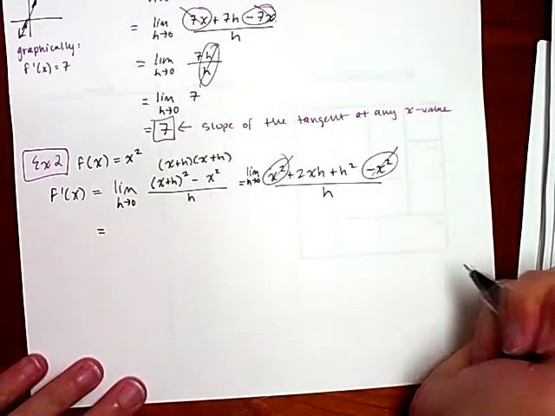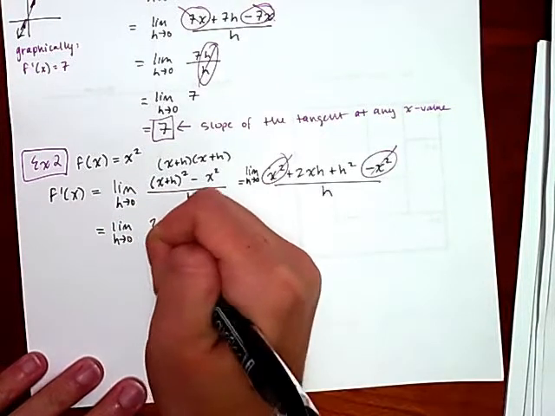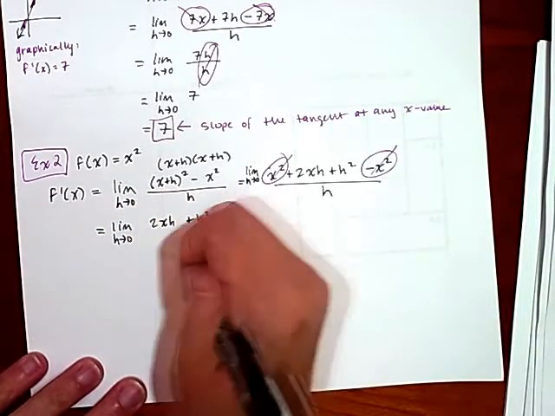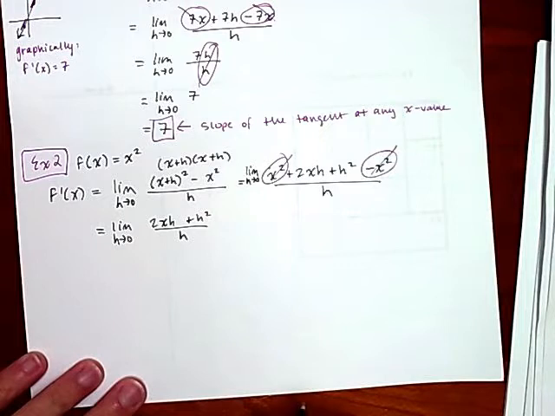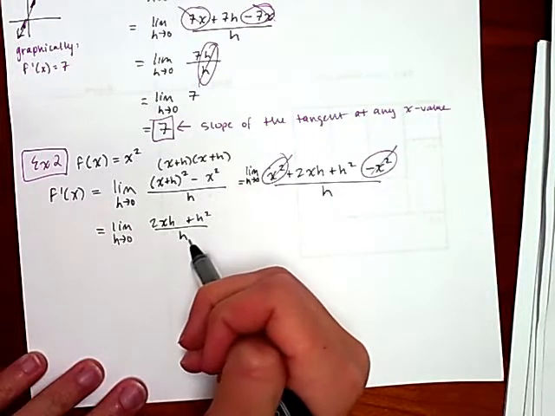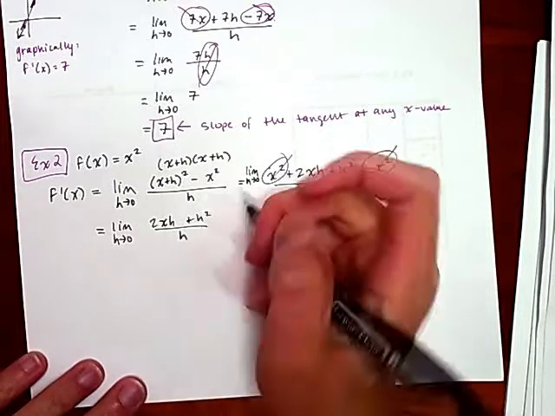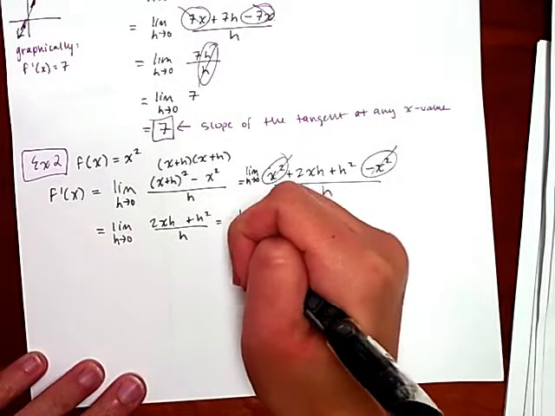So now I have the limit as h goes to 0 of 2xh plus h squared over h. And if I plug in here, I'm still going to have 0 over 0. So I really need something else to cancel. And I see that I have h's in both of my terms on top. So I'm going to factor that h out.